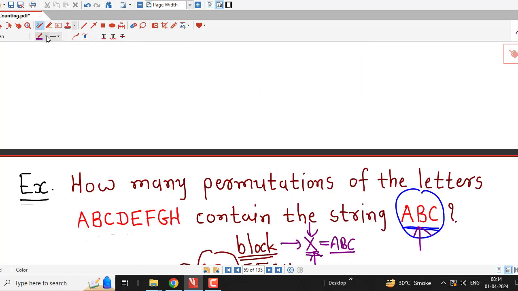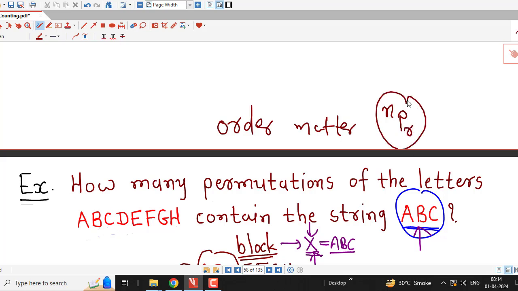All we have to remember is that whenever order is important, if order matters, then the number of arrangements is nothing but the number of permutations, and we have to use the formula for counting the number of permutations of n objects taken r at a time.